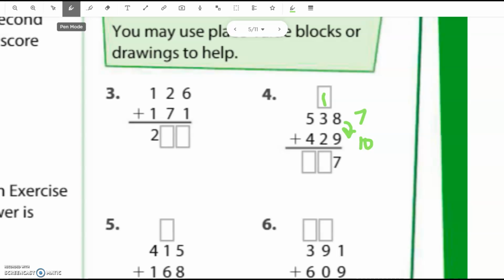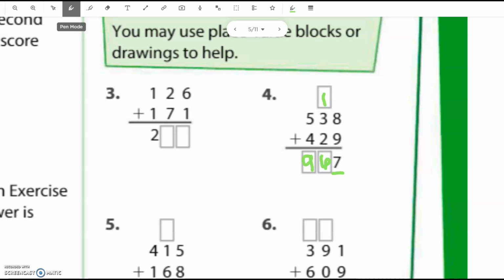Carry the 1. Drop the other on the floor. One plus 3 is 4, and 4 plus 2 more is 6. 5 plus 4 is 9.